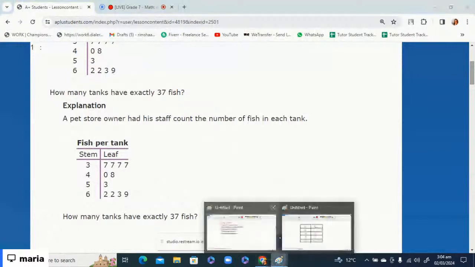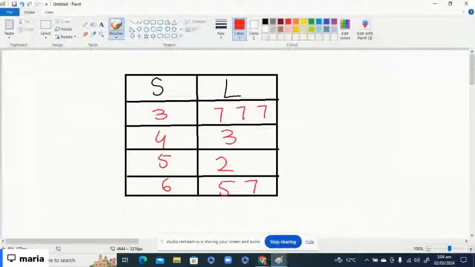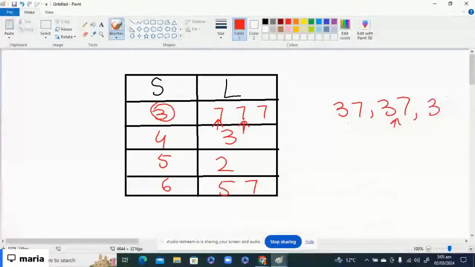Look, this one is 3, then it's 37, then for the second 37, for the second 7 I'm going to put it here, then for the third 7 I'm going to put it here. These are the 3: 37, 37, and 37. So this is the stem, that is 3, and for the leaf we are going to put 7, 7, and 7.